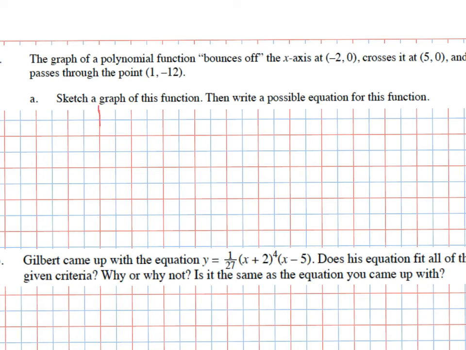So making a graph, let me get a black pen. It bounces off at negative 2, 0. So I'm going to count by 2's.